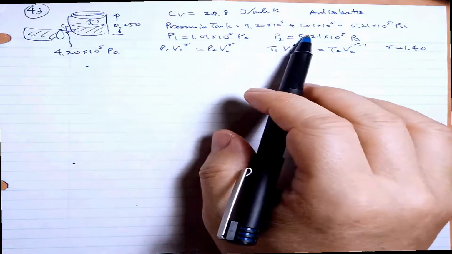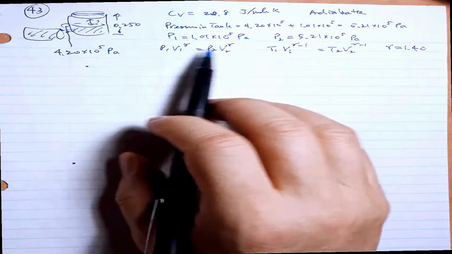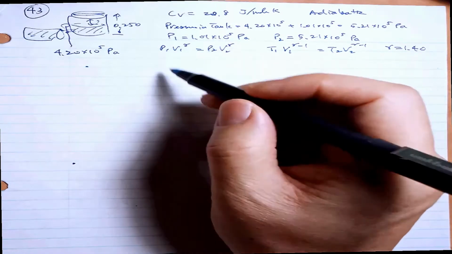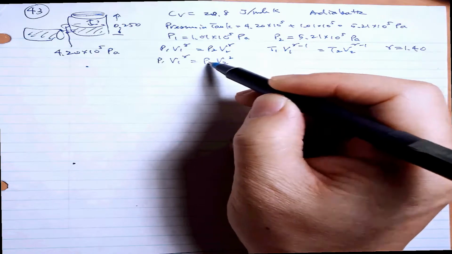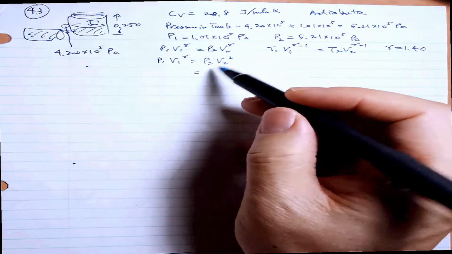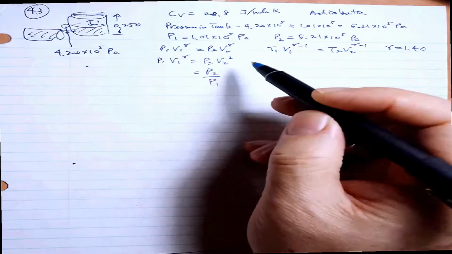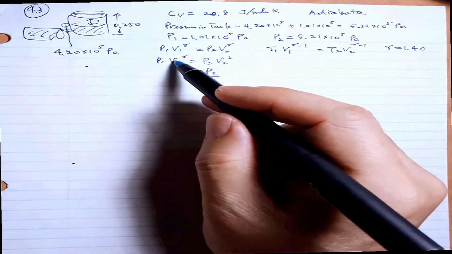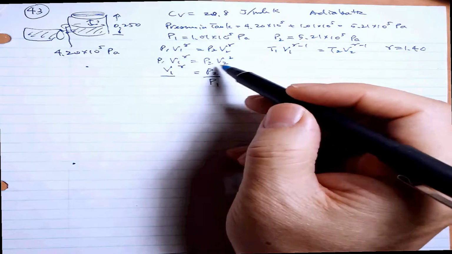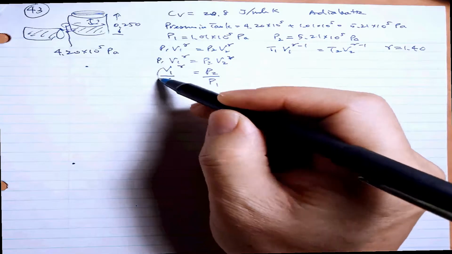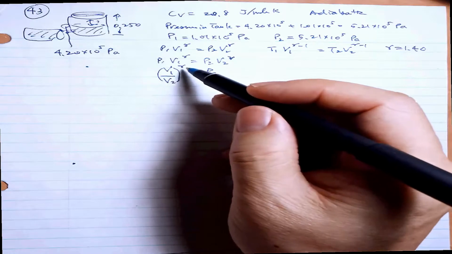Now, since you're given these two pressures, you can calculate the ratio between the volumes. P1 is the beginning, so I say P1V1^γ equals P2V2^γ. Then I can say P2 over P1 equals V1^γ divided by V2^γ, using the same exponent gamma.